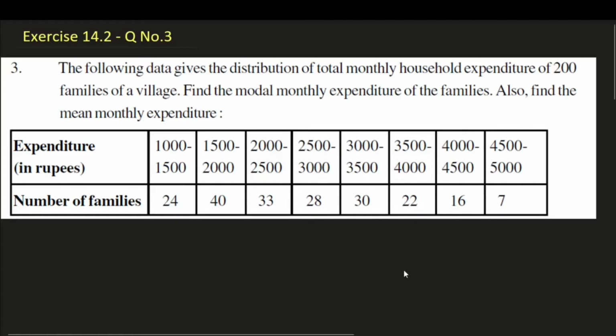So what is mode? Here we find estimated mode. First we have to identify modal class. Modal class is the class interval having highest frequency. Here let us observe what is highest frequency. The highest frequency here is 40. So the class interval having this highest frequency is the modal class. Here this one, 1500 to 2000, is the modal class.